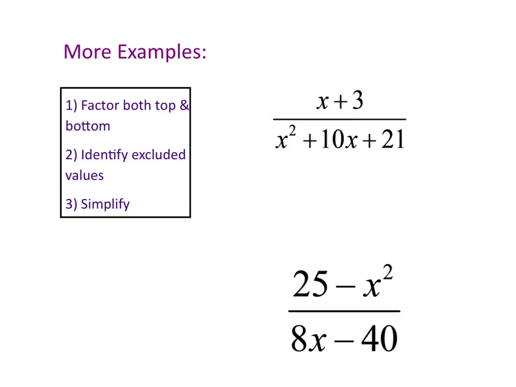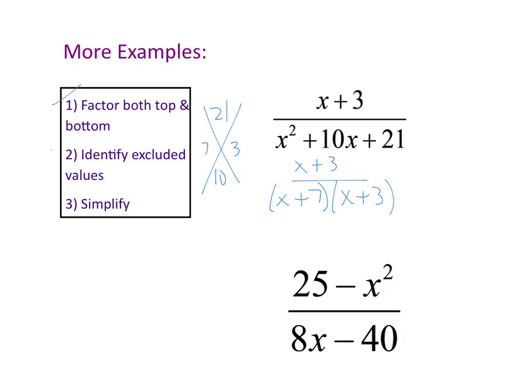Okay, let's take a look at two more examples here. So if you look at this top example, I'm going to factor both the numerator and denominator. So factors of 21, that when added together give me 10, would be 7 and 3. So I get x plus 3 over x plus 7 and x plus 3. So that's step 1.